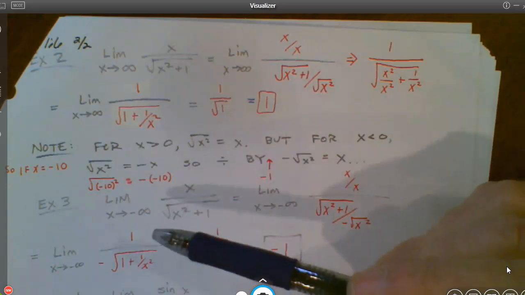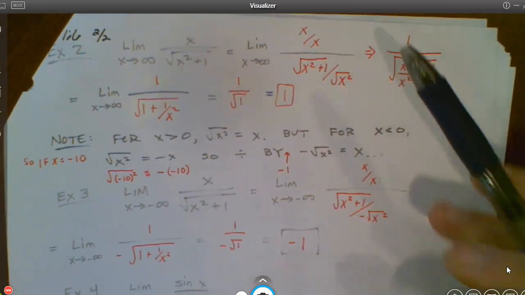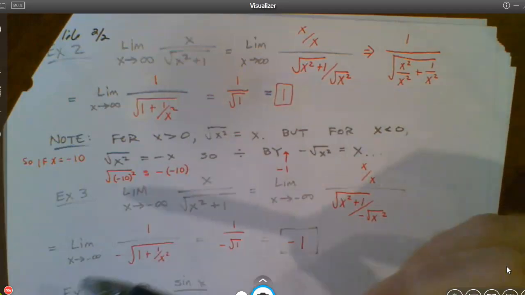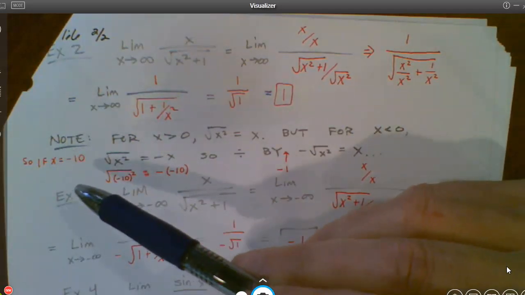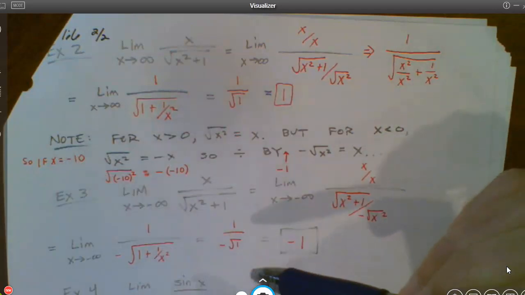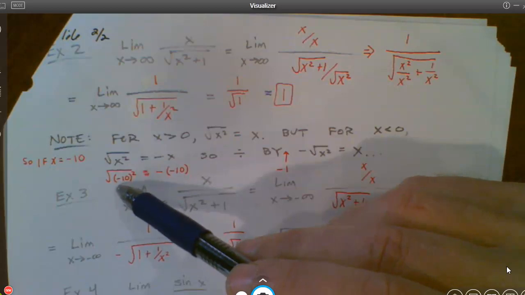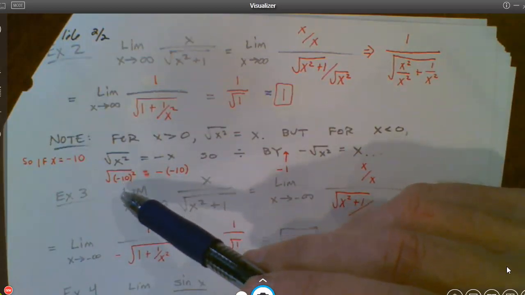But if you were approaching negative infinity, so if x was a negative number, then the square root of x squared would actually equal negative x. And so I tried to throw in a real number here for you just so that would make more sense. But let's just say that x is negative 10. Right, so I sub that in for x. So if you were to square this, it would become positive.